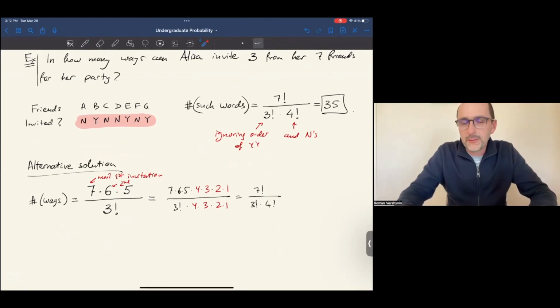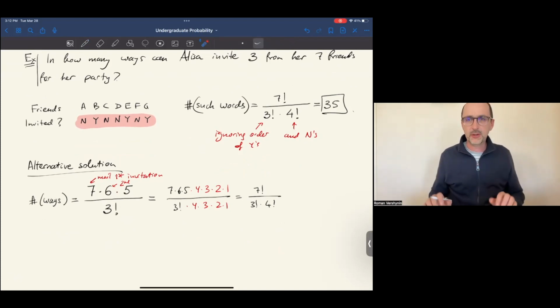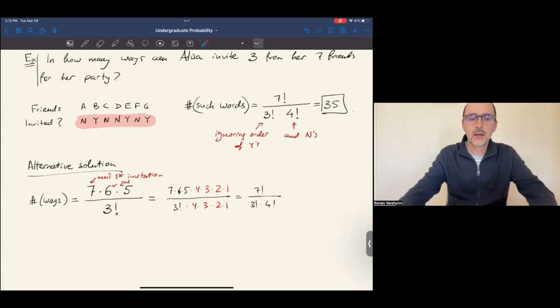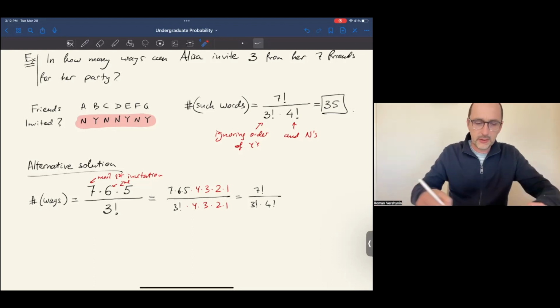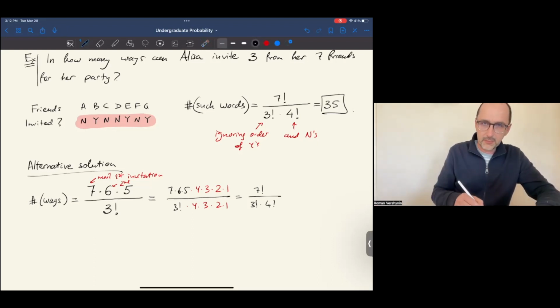This problem is one of the many examples of similar problems appearing in life, in science. It is so important that it has a name.